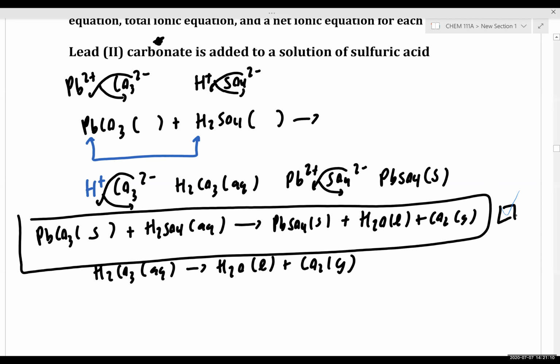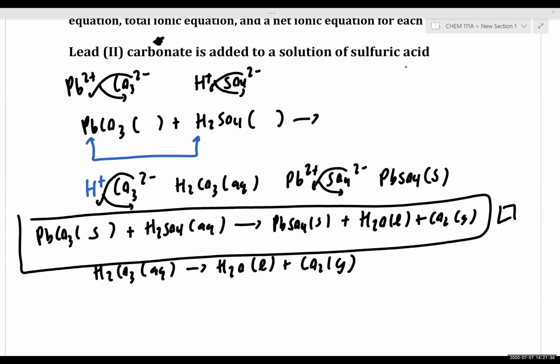Is this equation balanced? Oh, okay, I didn't see the check mark there. Okay, perfect. Yes, this equation is completely balanced.